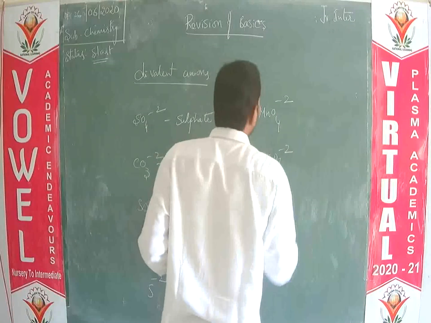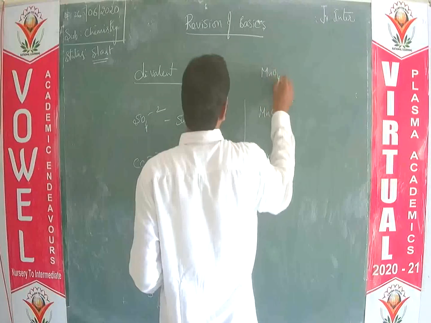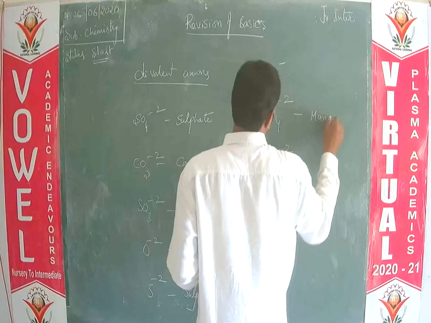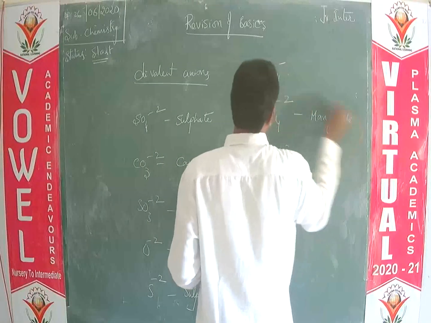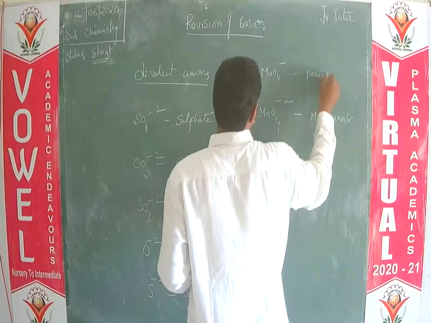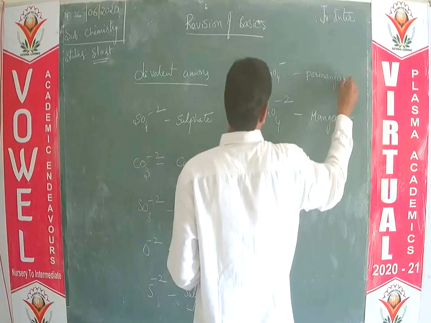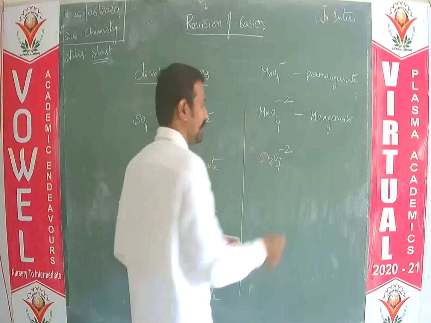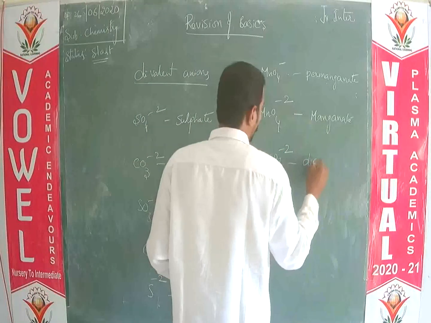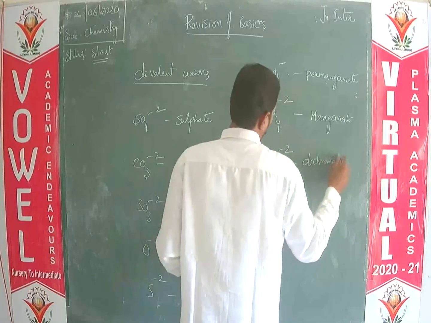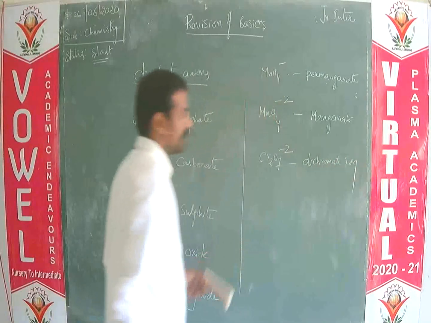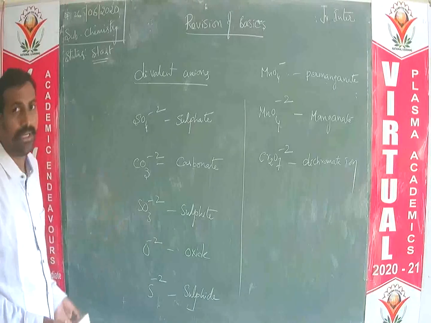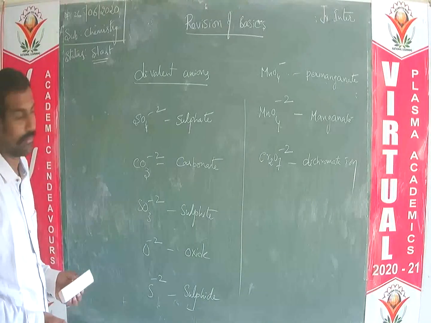In the previous one, we wrote that MnO4 minus is permanganate, whereas this is manganate. This is permanganate ion, whereas this is manganate ion. This is a dichromate ion. So these are a few examples of divalent anions.